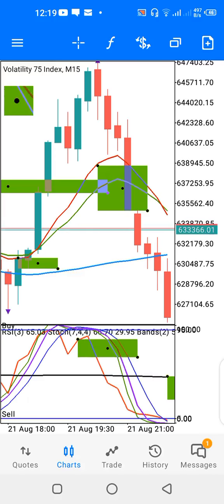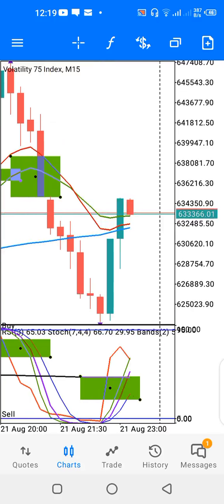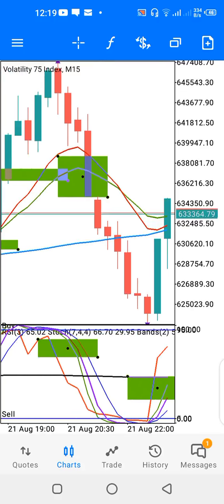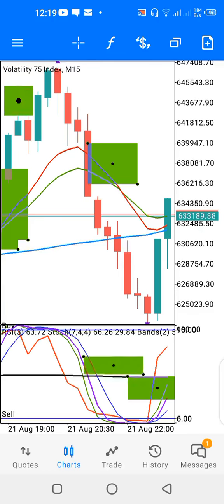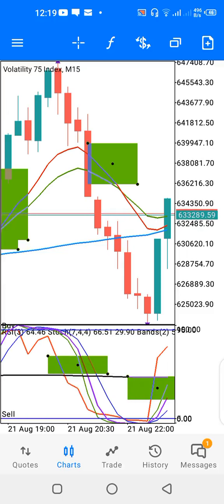So the alignment of the signals on the main chart and indicator window one will give you the right trigger to place your trade.